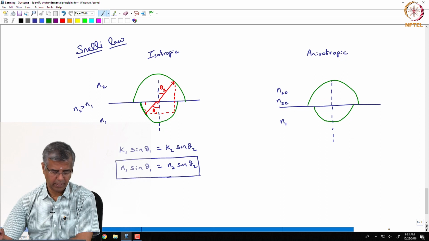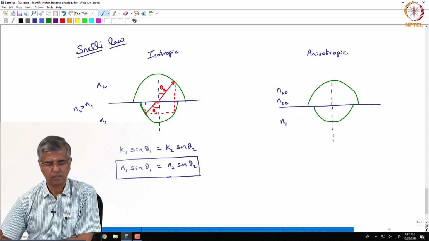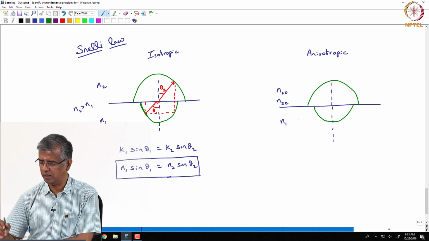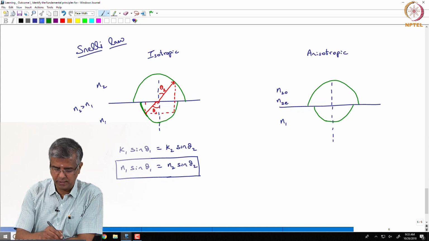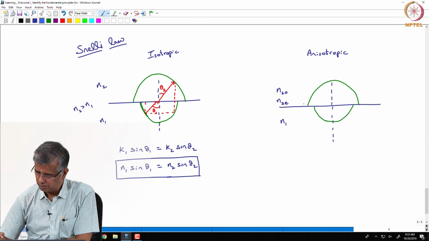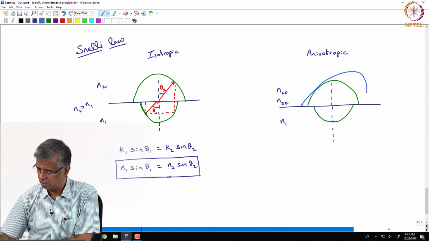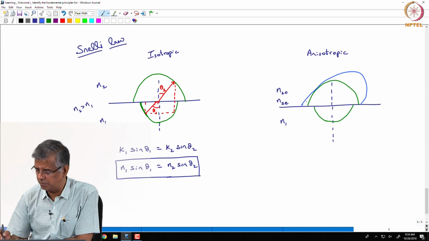But in the other direction you have a refractive index that is changing with respect to the different axis. Now, for that direction you have essentially an index ellipsoid that's defined by this.